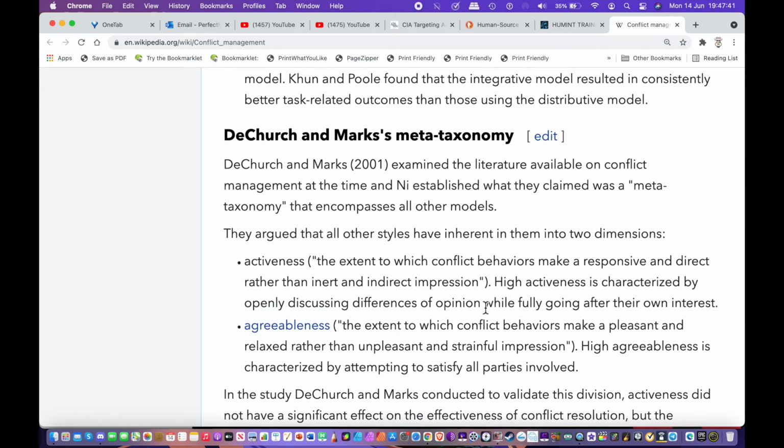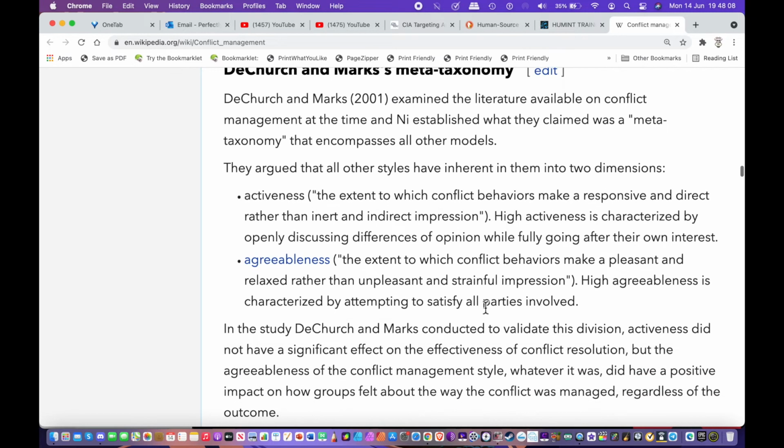The Church and Marx meta-taxonomy. The Church and Marx examined the literature available on conflict management at the time, and established what they claimed was a meta-taxonomy that encompasses all other models.